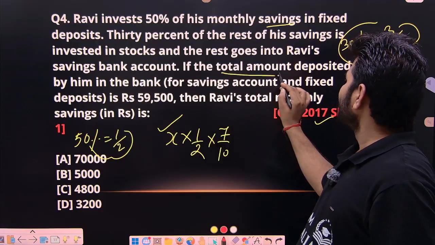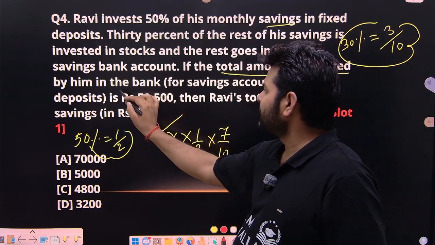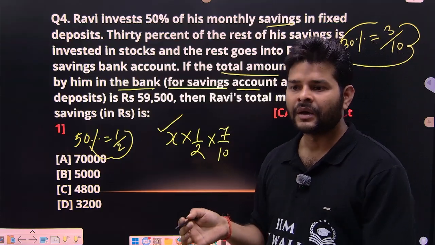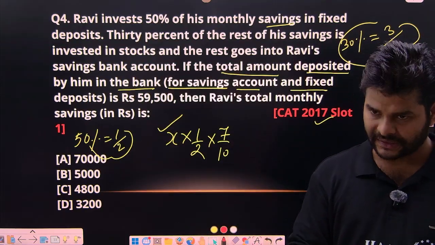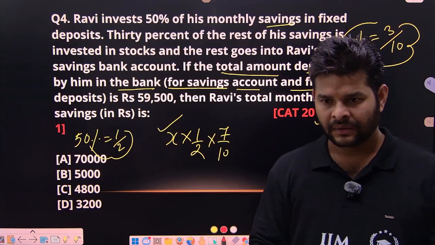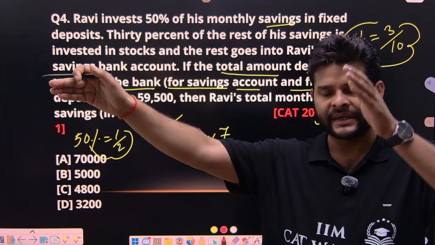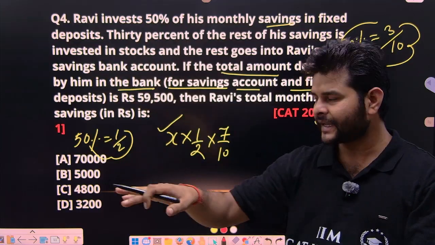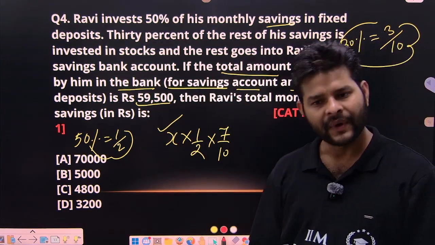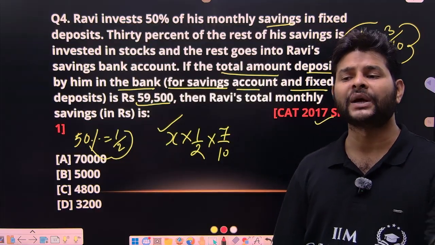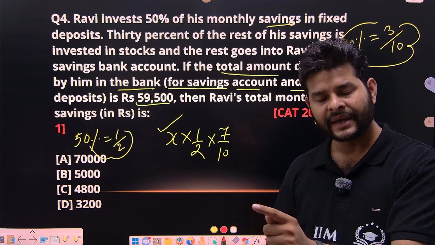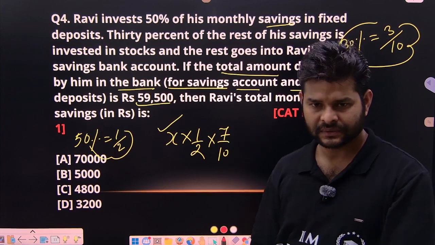Now, the total amount deposited by him in the bank for savings account and fixed deposit, that means whatever he has saved till now, whether in FD or in stock, is 59,500. 59,500 is the value which has been invested in bank as well as in stocks.